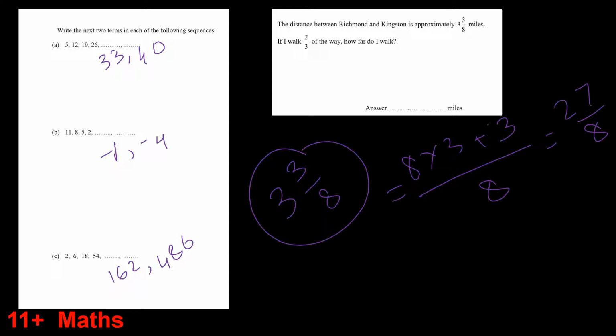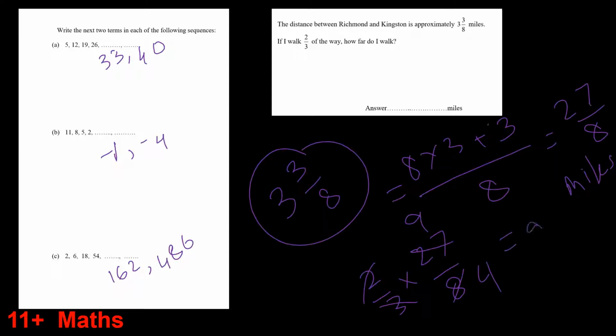The total way is 27 by 8 miles, and I have walked 2/3 of it. So I have walked 2/3 multiplied by 27 out of 8. That is how much I have walked. So it's 2 times 4, 3 times 9 is 9 out of 4 miles.